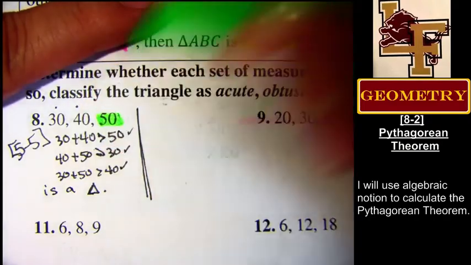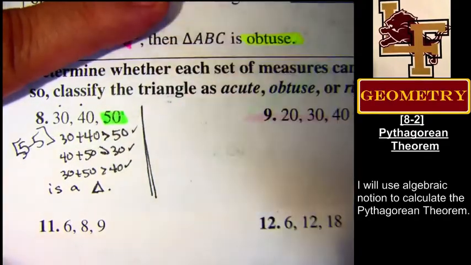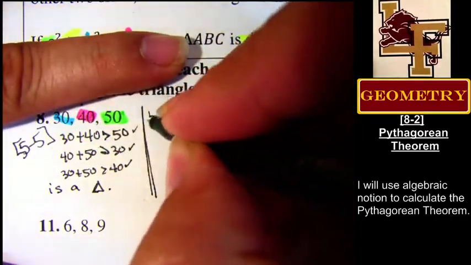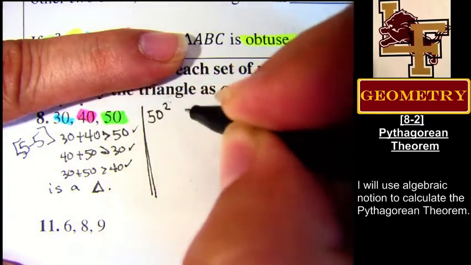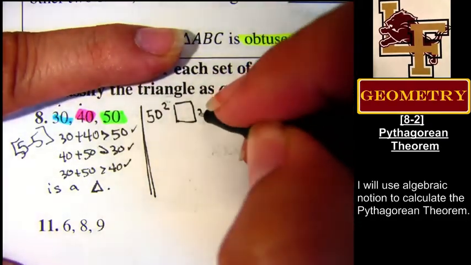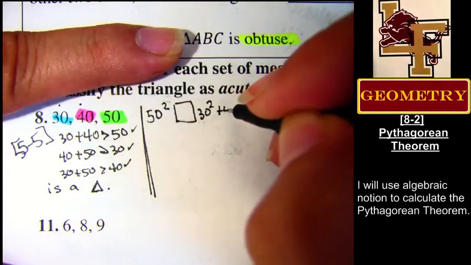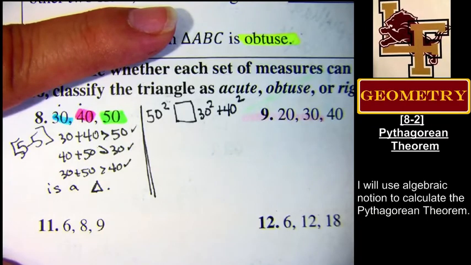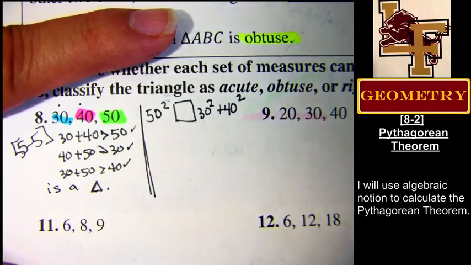Now let's check to see if it's right, obtuse, or acute. This will always be the longest side, and then these are the other two sides, and again, no one cares about the order. So, is the longest side squared less than, equal to, or greater than the other two sides squared and then added together? I don't know. We're going to do this.